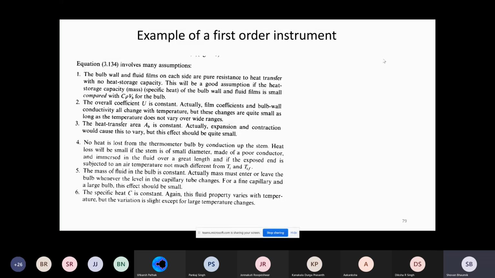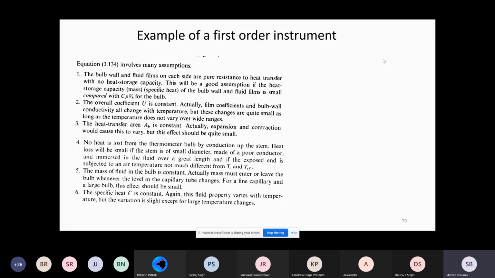Although the stem of the thermometer is outside the fluid, and some heat may be lost from the glass by conduction, we assume there is no heat loss. The mass of the fluid in the bulb is constant, which is quite obvious, and the specific heat is also constant, it does not depend on time.